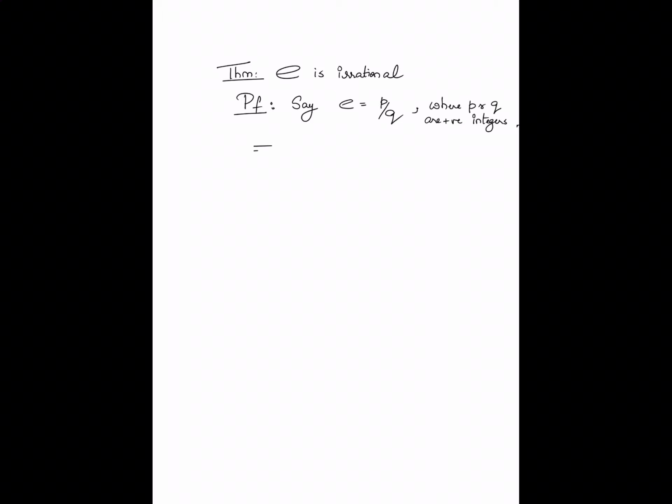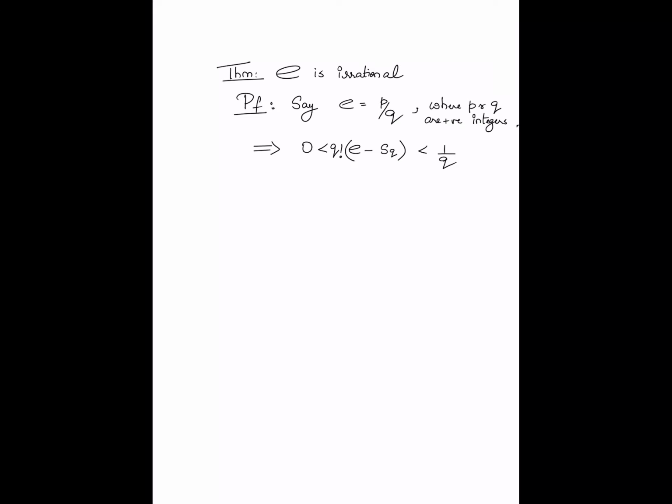By using the error bound that we just proved, you can argue that 0 is less than E minus SQ, which is what you get by taking the first Q plus 1 terms in the series. This is in turn less than 1 by Q factorial into Q. I'm going to move the Q factorial here and argue that this is at most 1 by Q. So Q factorial times (E minus SQ) is sandwiched between 0 and 1 by Q.